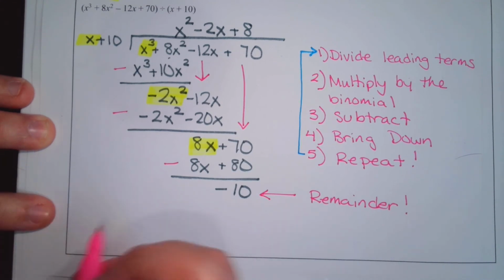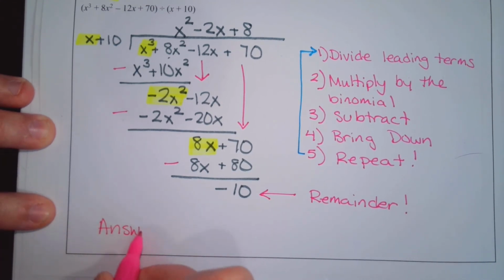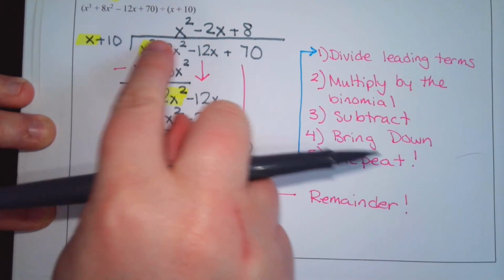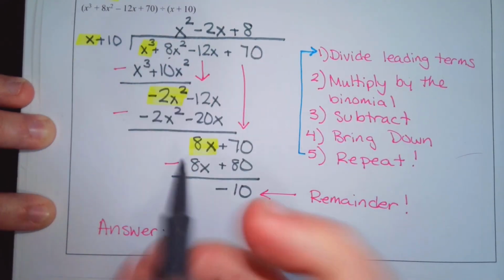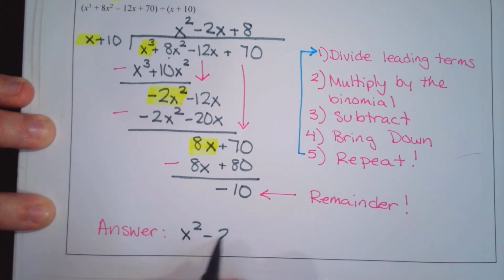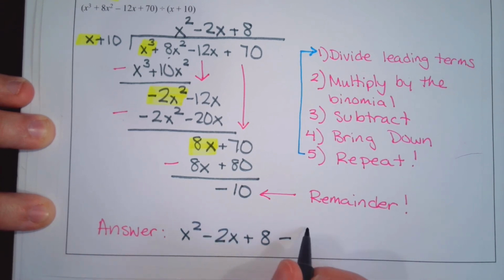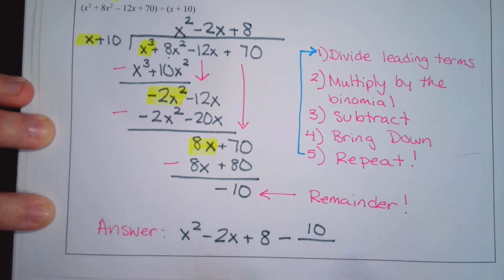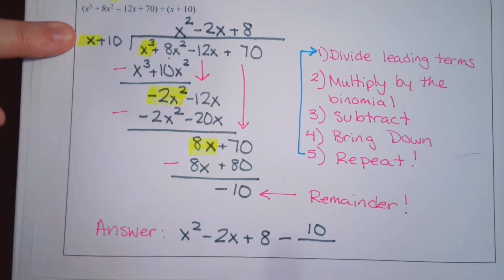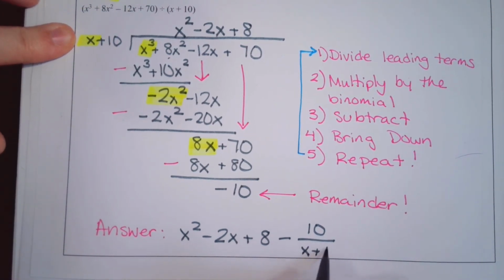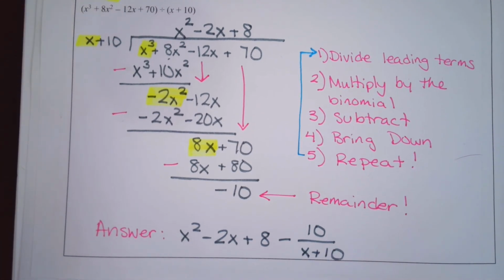So our answer is going to be this polynomial in the top above the bar. So x squared minus 2x plus 8. And now for our remainder, we need to write it as a fraction. So it's going to be minus 10 over whatever our binomial is, x plus 10.